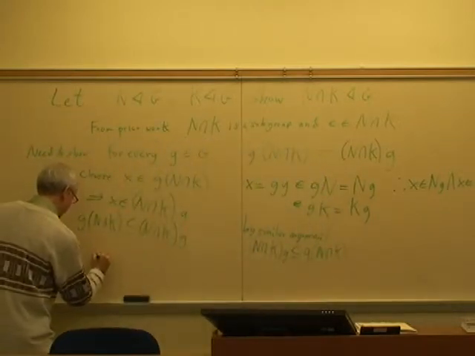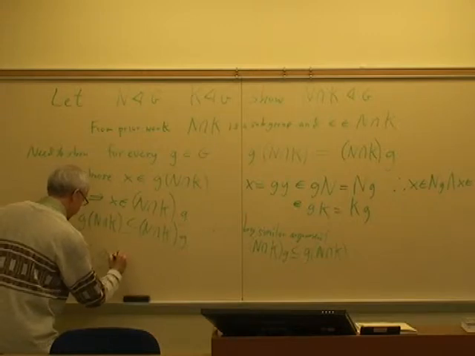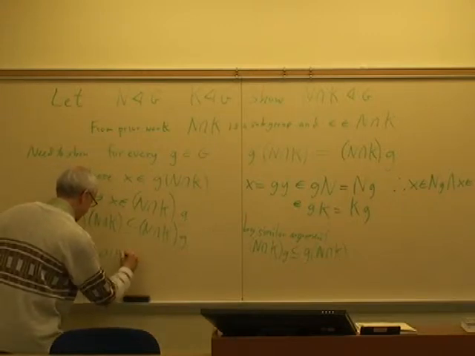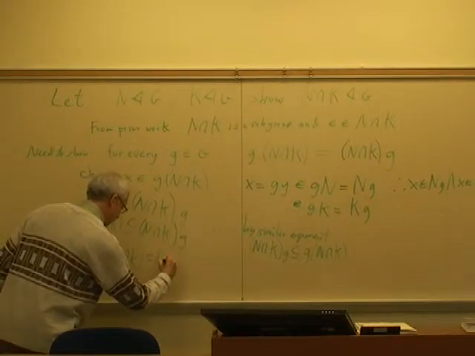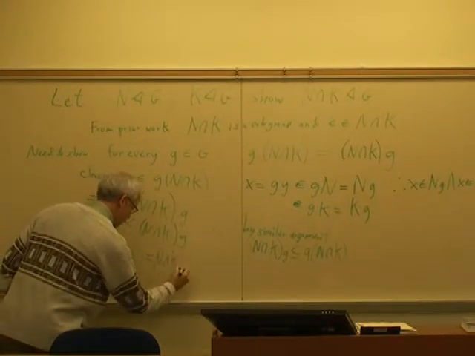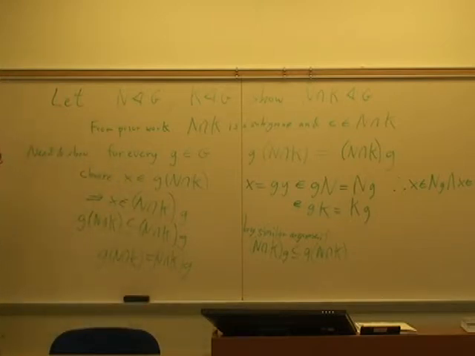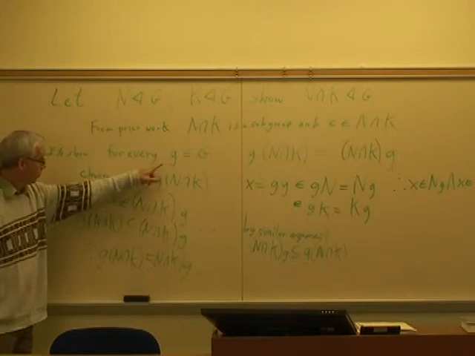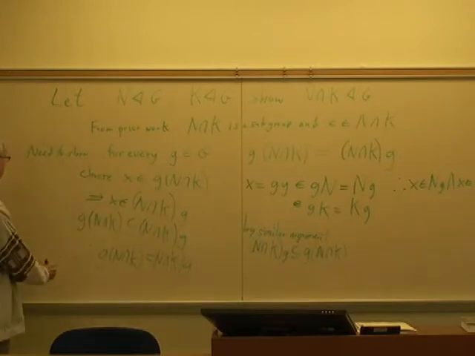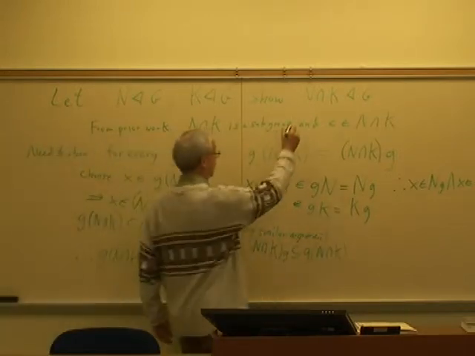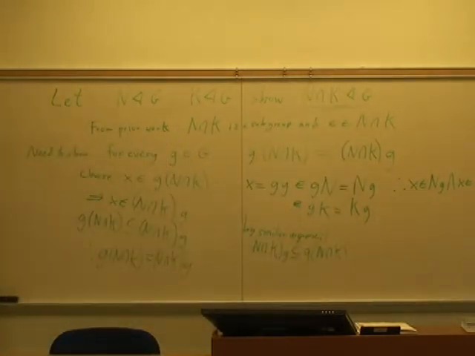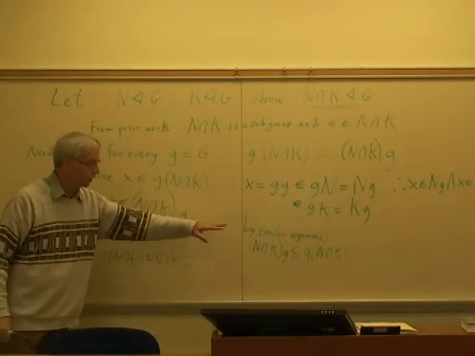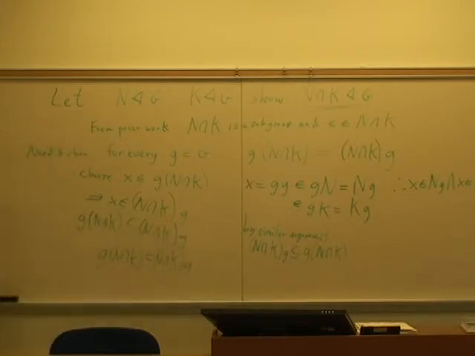Therefore, they're equal to each other. That's how I prove that any sets are equal. They're subsets of each other. Therefore, because g was an arbitrary element, we get our conclusion. That's actually a little misleading. To write it out fully, you have to write out the reverse argument.